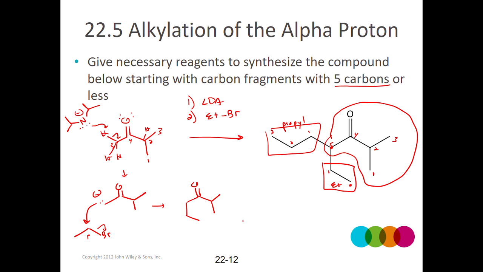I've added the ethyl group here. I still have a difference now in how sterically hindered one side is versus the other. Right? To pull a proton off a tertiary carbon versus a secondary one, there's going to be a little bit more sterics over here. So I might not get as dramatic a difference here as I was over here, but I still want to use the more sterically hindered LDA to pick off a proton from the side where it won't go through an especially high energy transition state due to steric hindrance.